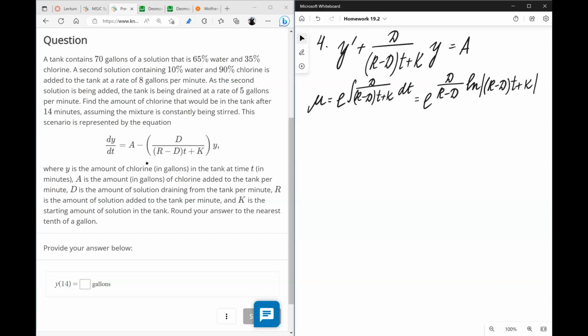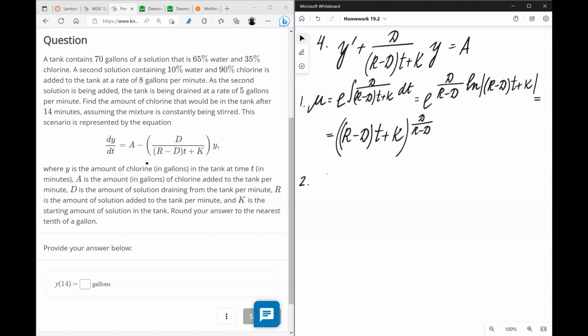But it's fair to assume that that expression is positive, so we can bring the power inside and get rid of the e. So we have r minus d times t plus k to the power d over r minus d. That's my integrating factor.